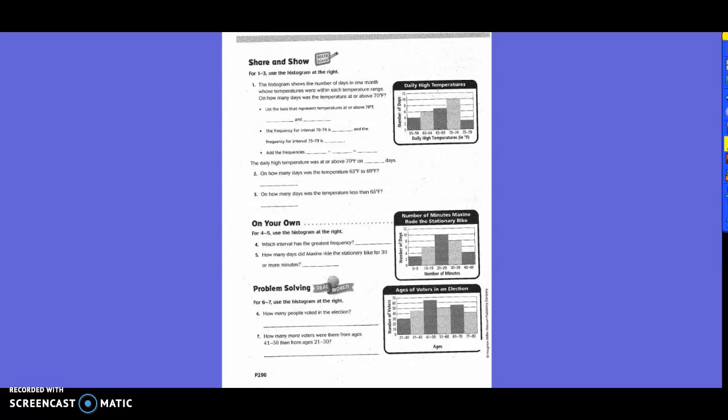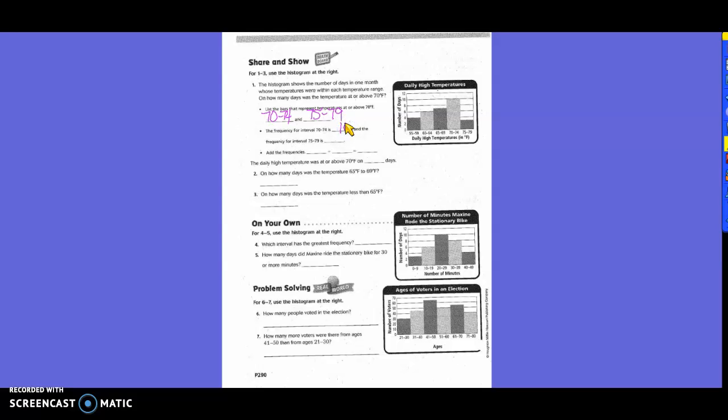So list the bars that represent temperatures at or above 70 degrees Fahrenheit. The 2 intervals we're going to have to look at are 70 to 74 and also 75 to 79. The frequency for interval 70 to 74: we see how high our bar goes, and it goes to 10.